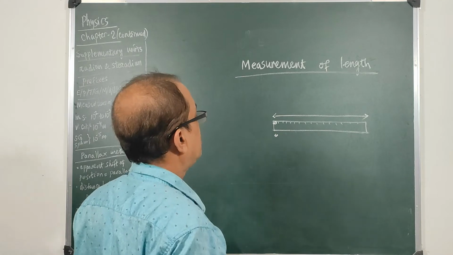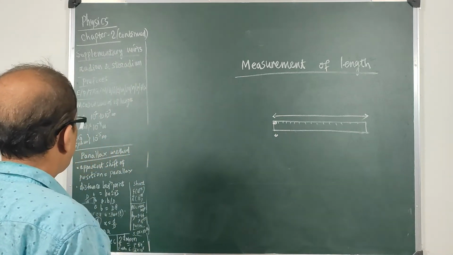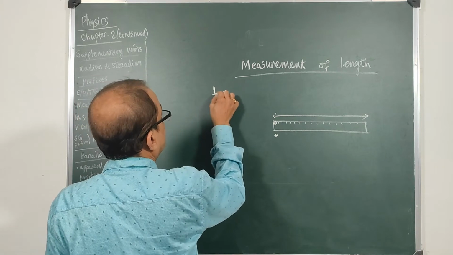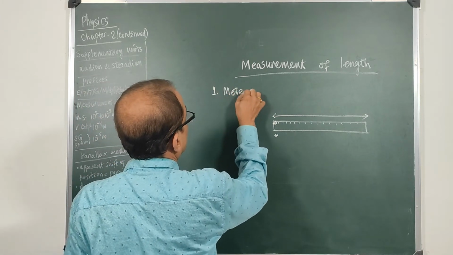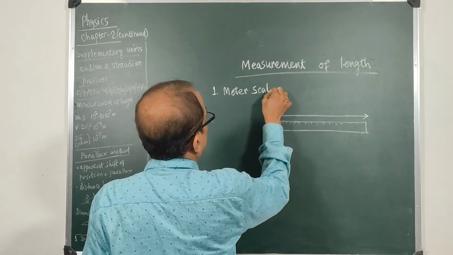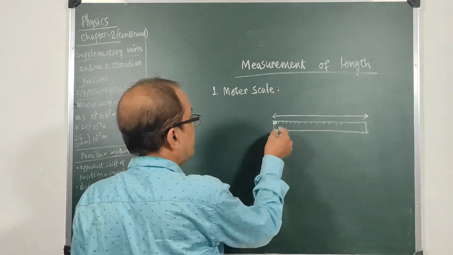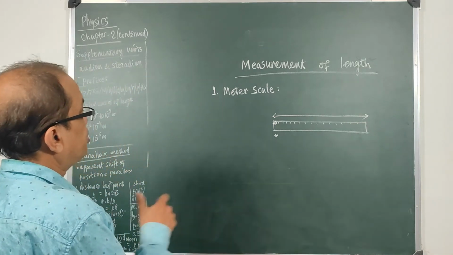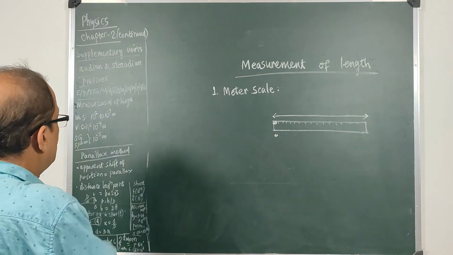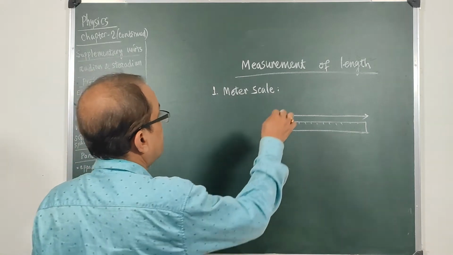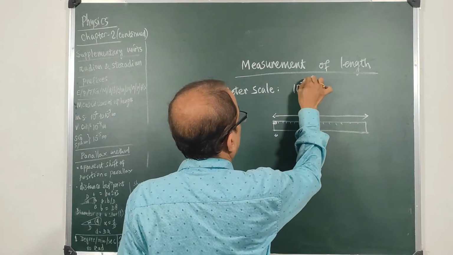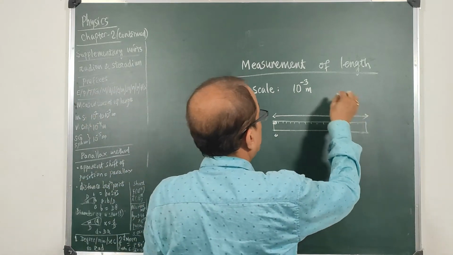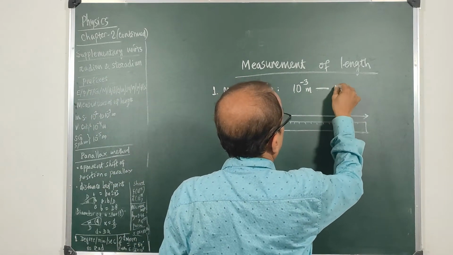This is the range of an instrument. This is known as a meter scale. And the meter scale can measure up to 1/10 of a centimeter or 1 millimeter. So the smallest value that we can measure is 10 to the power minus 3 meter, and the maximum distance we can measure is 1 meter.